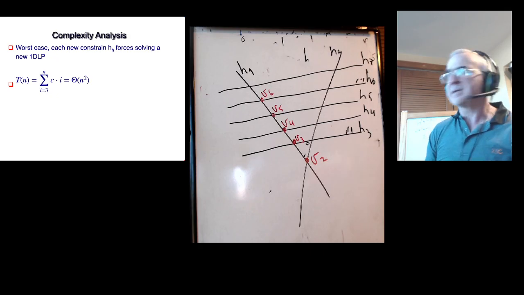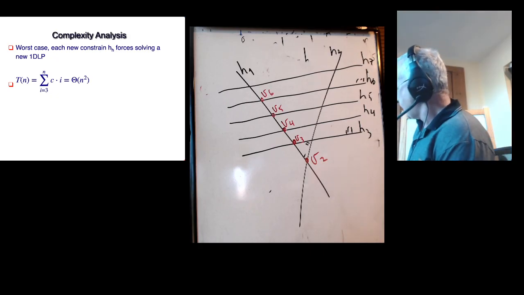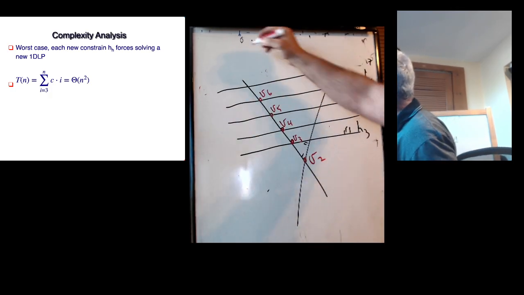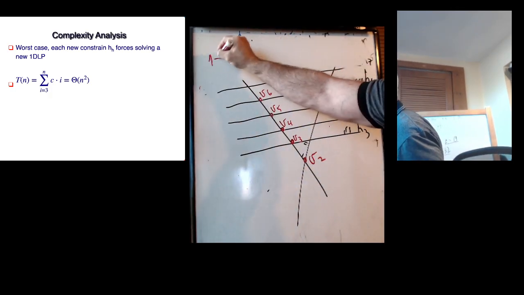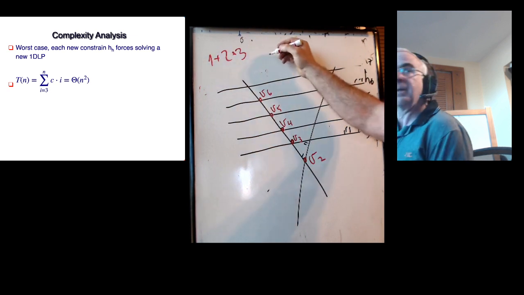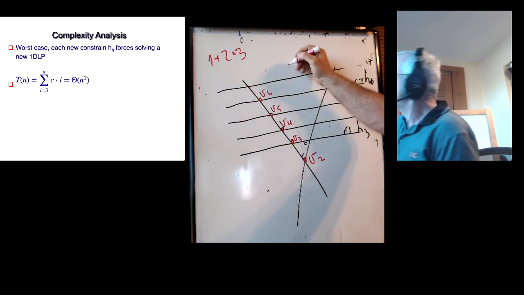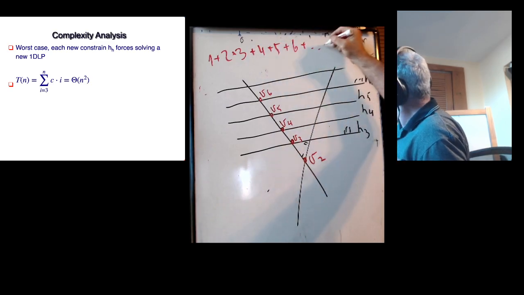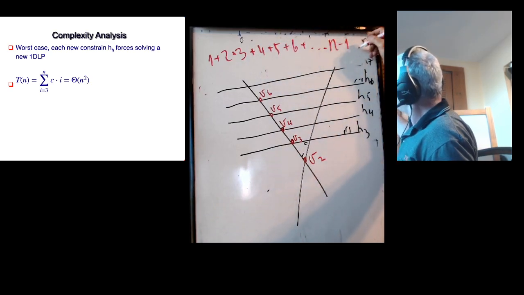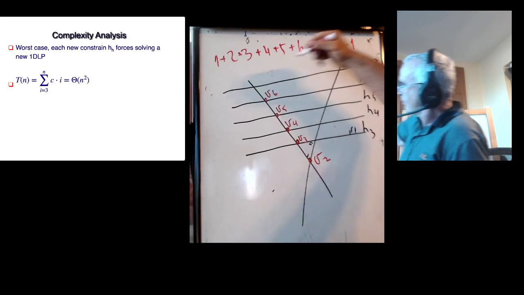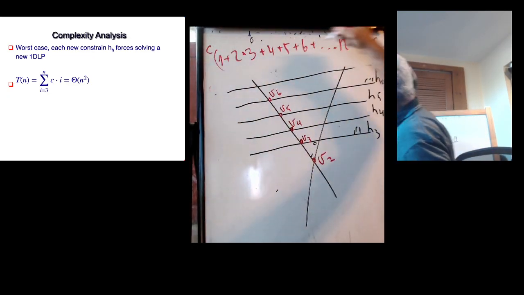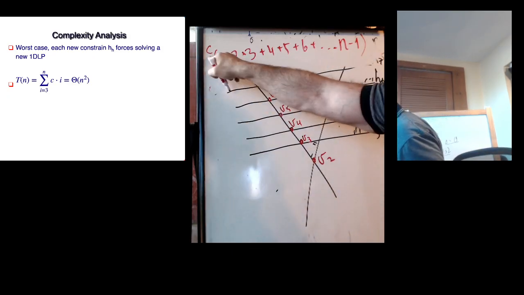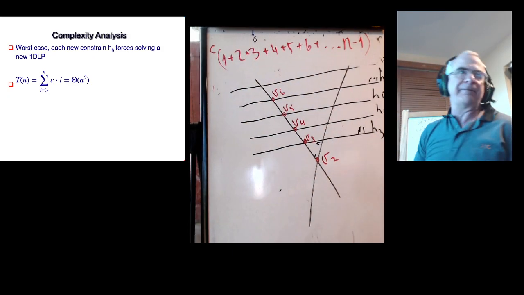So how much time does it take? The whole call takes 3. Let me add 1 plus 2 to make it a more familiar sum: 1 plus 2 plus 3 plus 4 plus 5 plus 6 plus ..., and minus 1, because all of it is times a constant, since the one-dimensional linear programming takes a constant times the number of half planes that it needs to solve.